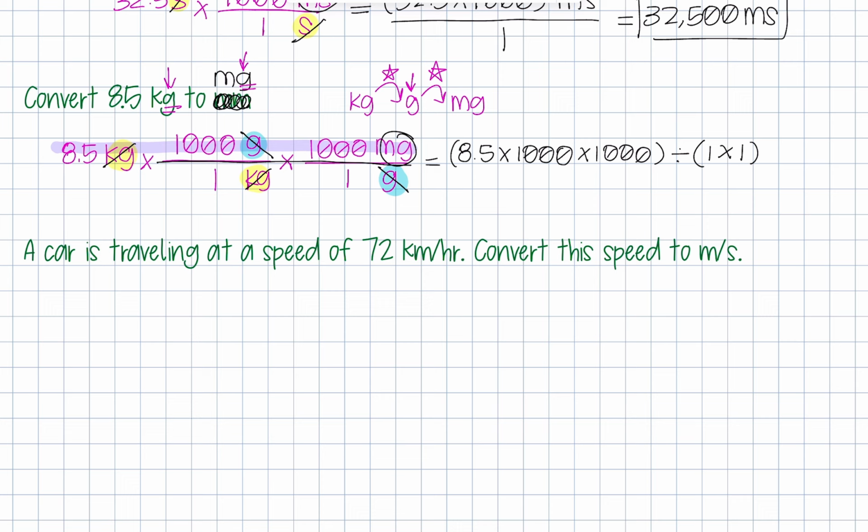But there are other problems, potentially the next one, that you're going to have actual numbers on the bottom. So you'll want to put them in parentheses and treat it like this. If you do it in this format, with everything on the top multiplied together, divided by everything on the bottom multiplied together, and use parentheses, you're always going to get the right answer.